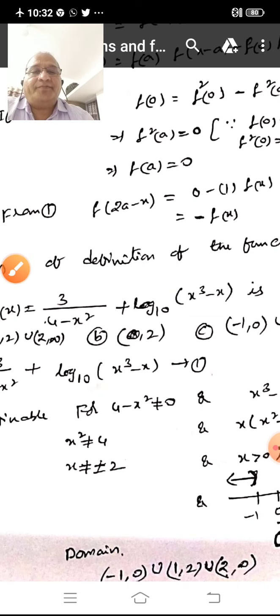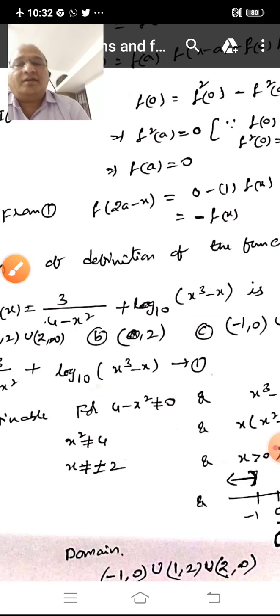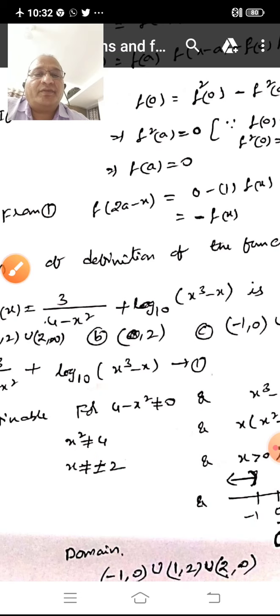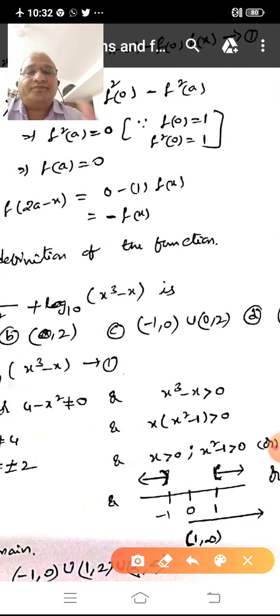Now observe here, for the first one it is in the denominator, it should not be equal to 0. So I taken 4 minus x square is not equal to 0. First function is definable, 4 minus x square is not equal to 0, therefore x is not equal to plus or minus 2. Whereas second function x cube minus x, which is under log, must have to be positive.